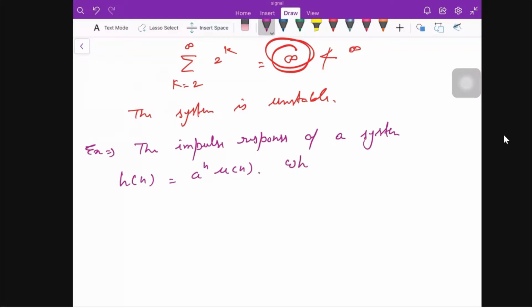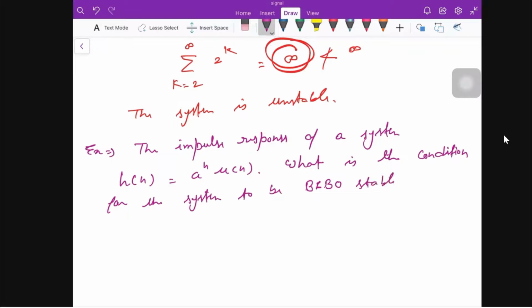Now, what is the condition for the system to be BIBO, bounded input, bounded output, or you can say stable?